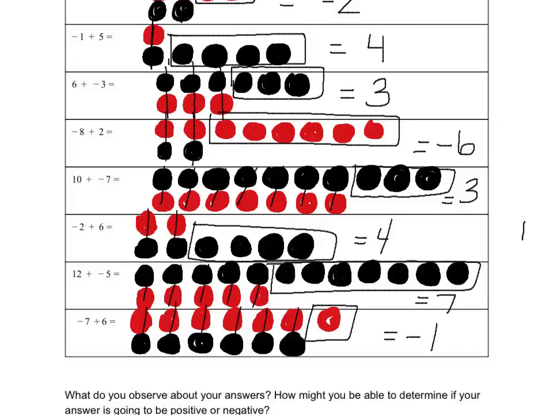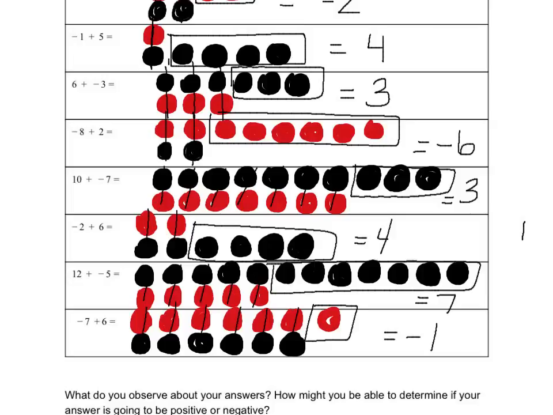You can see that in the remaining ones that I drew in my black and my red chips, I crossed off where I had one black paired with one red because they are opposites and cancel each other out, or give you 0. And I boxed whatever leftover chips I had.